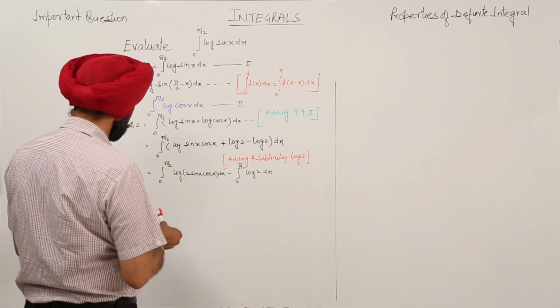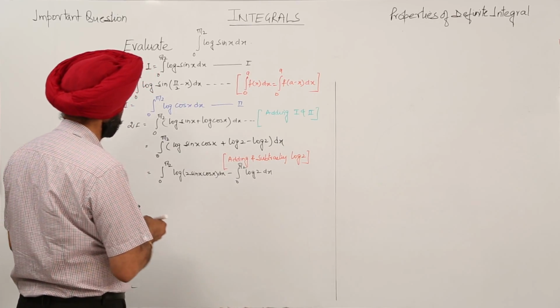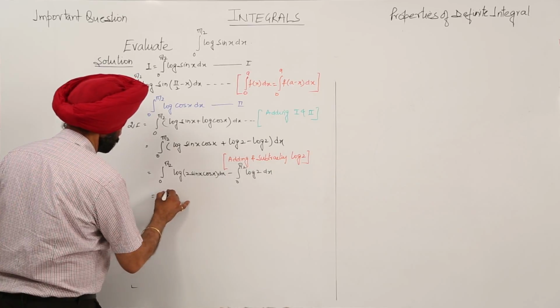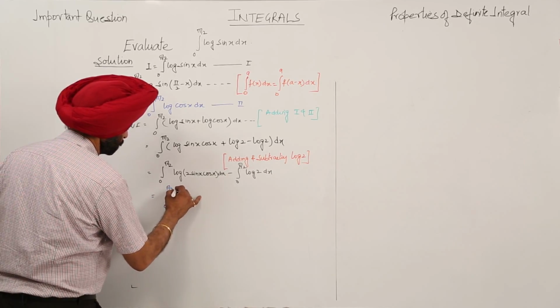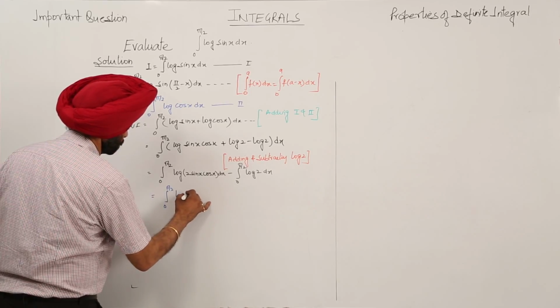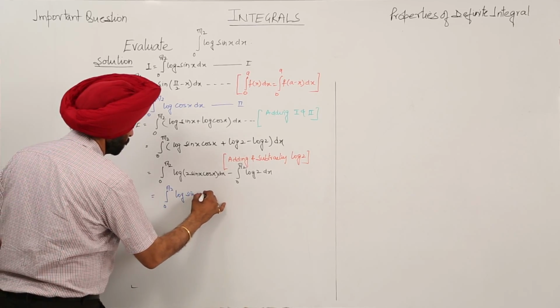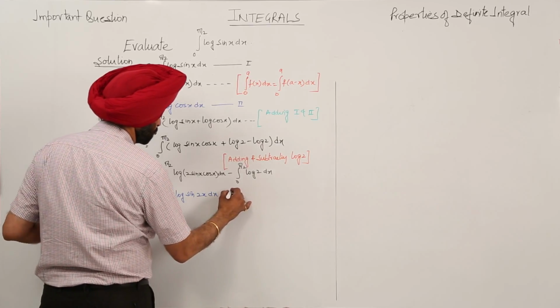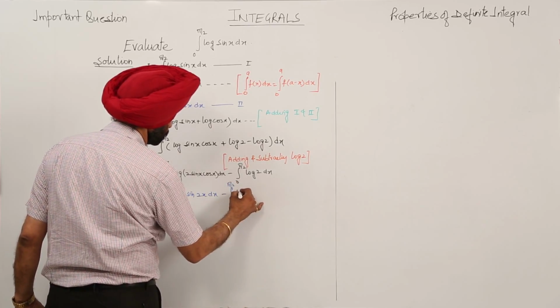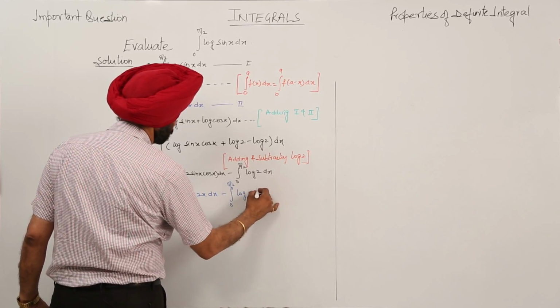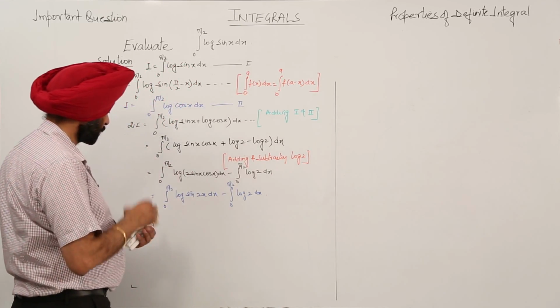Okay, so now this becomes 0 to pi by 2 log sin 2x dx minus 0 to pi by 2 log 2 dx.